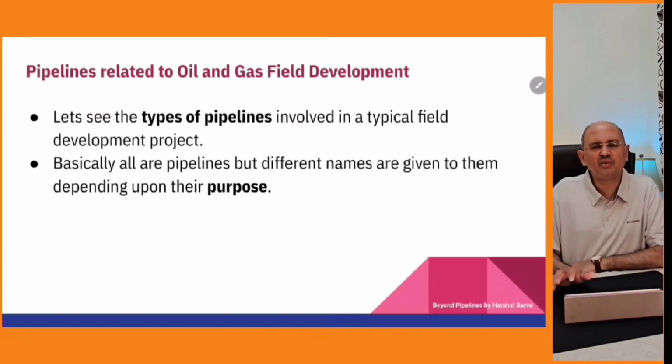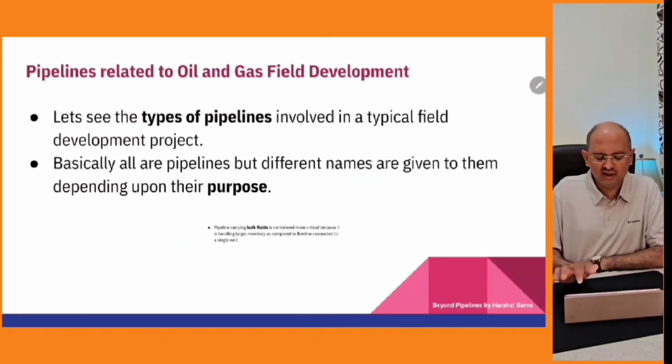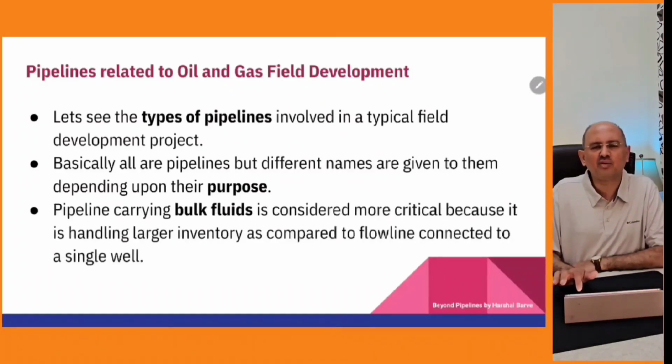There are different names given to these lines, because depending upon their connection to the well, the manifold or the facility, they will be carrying different volumes of fluids, and their names are related to that. Also, their criticality is related to how much volume the line is going to carry or transport.